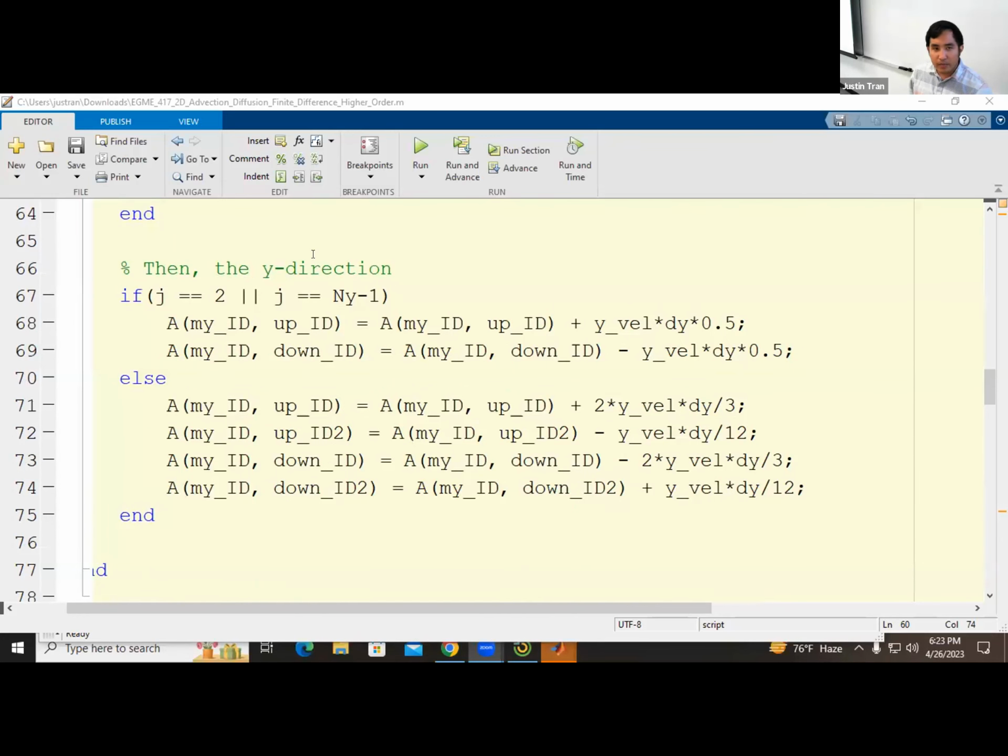Okay, and so then we have the same thing in the y direction. So I'm not going to go through this that carefully, but the logic here is the same. Okay, and so when j is equal to 2, we only have 1 neighbor to the north.